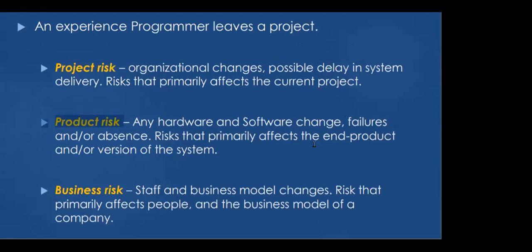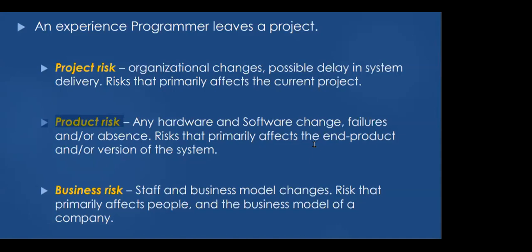The final category is business risk, where the model changes, or some circumstance happens that affects people, so you are driven to change the business model of the company. There could be many examples to give in this regard.